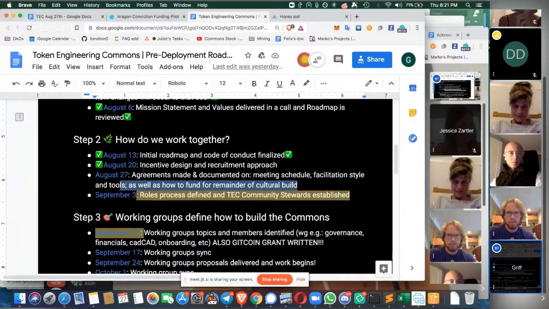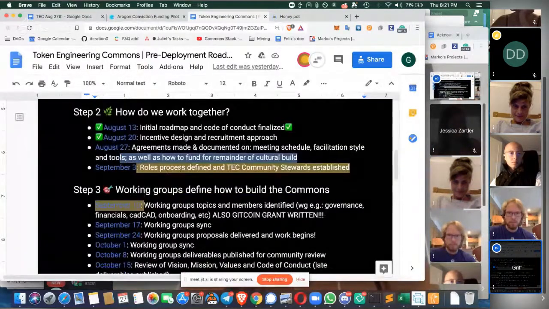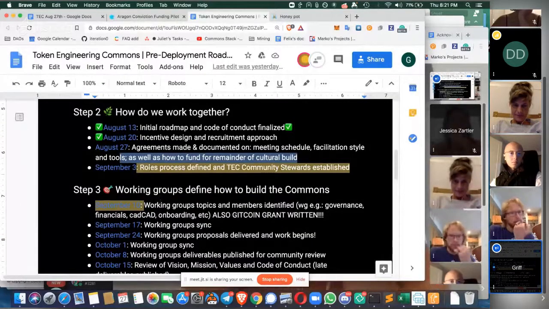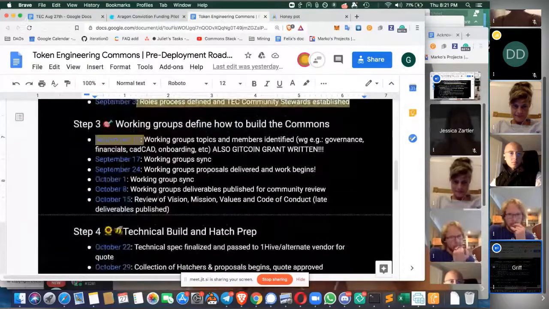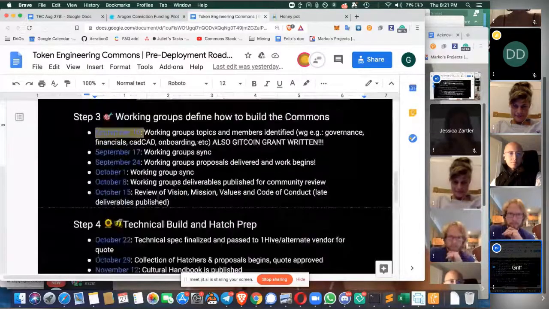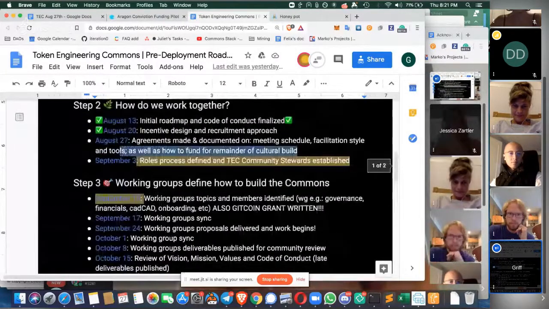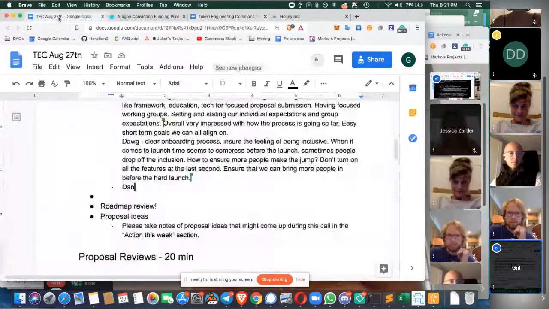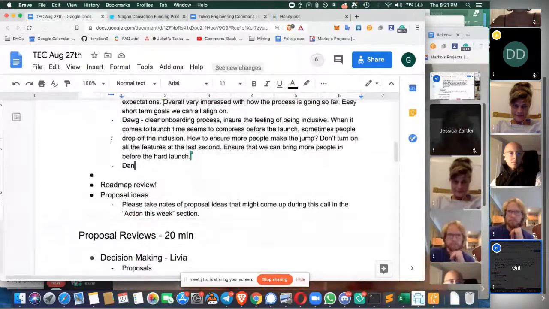Those are the topics for this week. Next week we're going to start work on a roles process. So that's where we're headed. If you want to see more of the roadmap, this is a working document that might change as we move, but feel free to join and add to it.